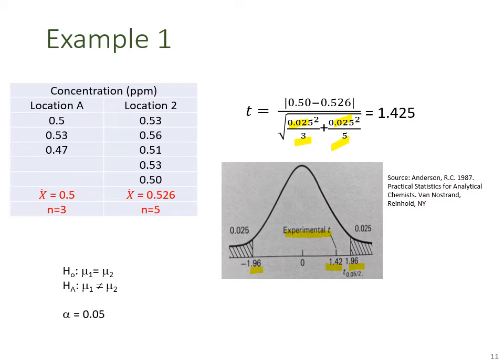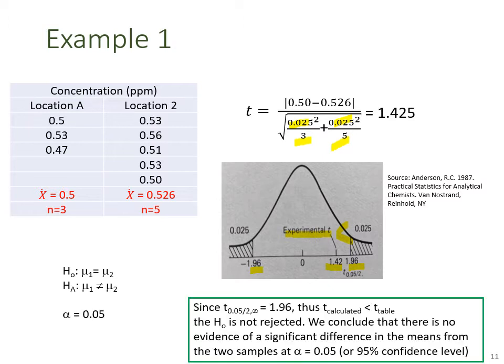We see that our experimental value is less than the critical value. Because that is the case, we can conclude that there is no evidence of a significant difference in the means between the two samples at a 95% confidence interval.